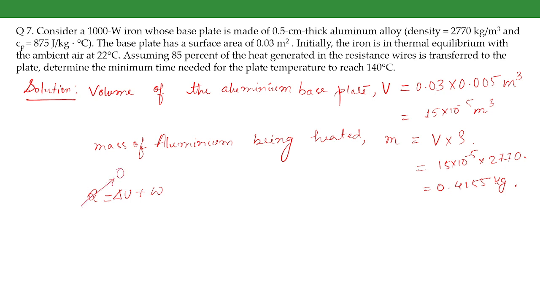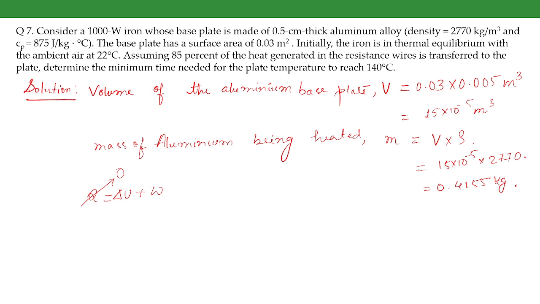We are not considering the heat losses here. This has to be taken as an assumption, that we are not considering the heat loss from the aluminum plate as it is being heated. If we take the heat loss as a component, then this Q won't be 0, it will be some particular negative value.